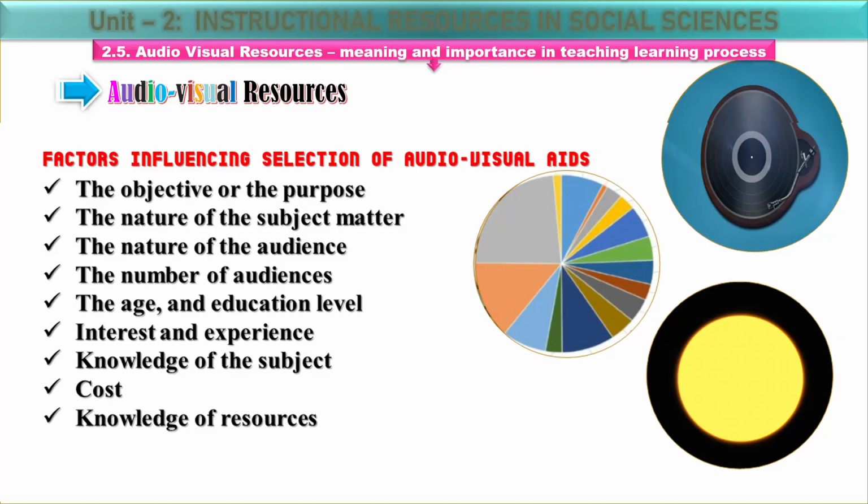When we teach about political aspects of the content, we use a political map, where they show state borders or country borders or districts. When we are talking about a particular state and its administrative divisions, we use a political map. And when we talk about geographical aspects, we use a physical map where they highlight the different landforms.